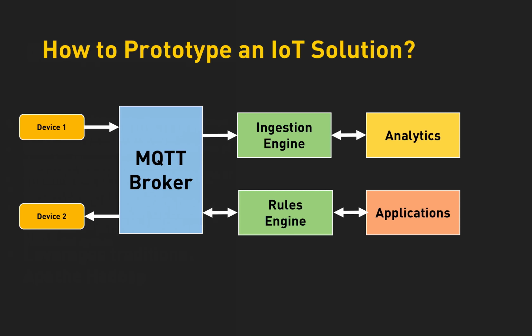So when the smart thermostat starts publishing the current temperature, it is going to be received by the rules engine, and there could be a simple rule that says if the temperature falls below 20 degrees Celsius, switch on the AC. So that rule is defined in the rules engine, and when the threshold is met or the rule condition evaluates to true, it talks back to the MQTT broker, and MQTT broker sends a message to the air conditioner to turn itself on. So this workflow is managed by the rules engine.